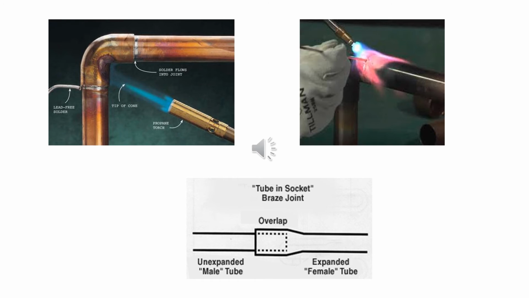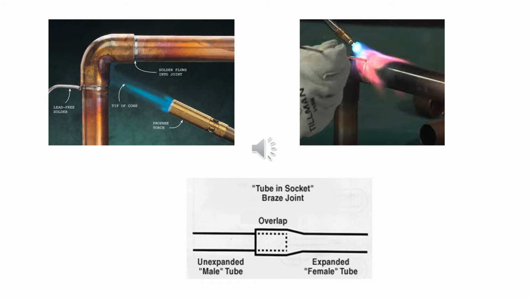The most commonly used brazing filler metal types used to join copper pipe and fittings fall into two distinct categories. BCuP alloy, where B stands for brazing, Cu is the chemical symbol for copper, and P is the chemical symbol for phosphorus.